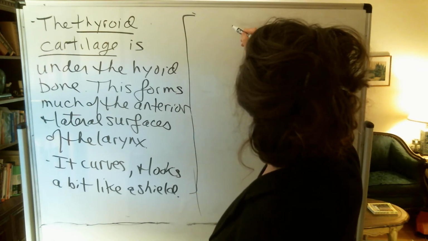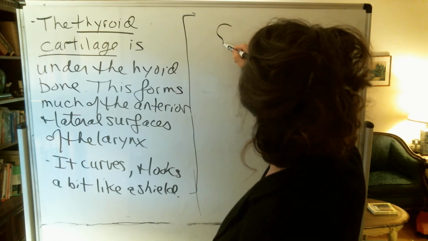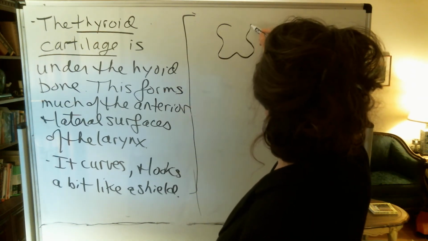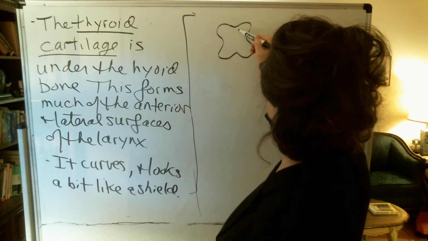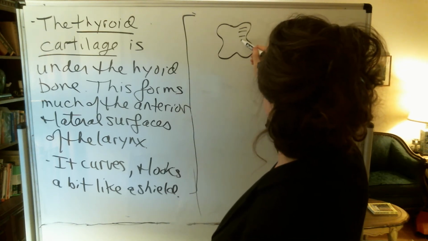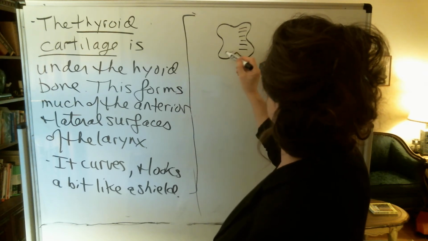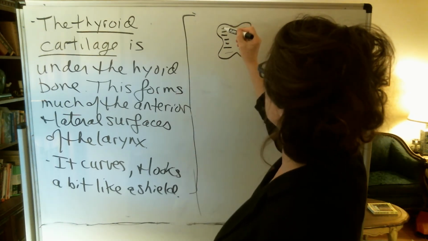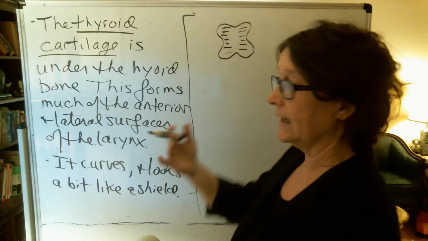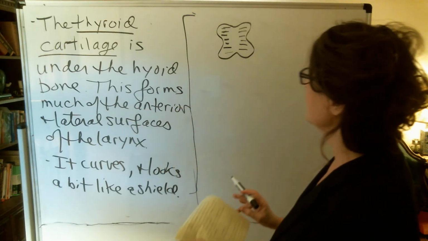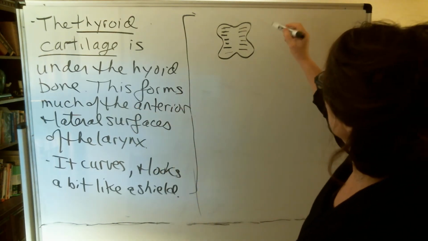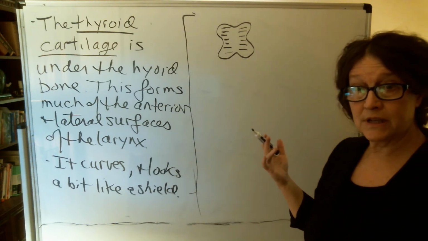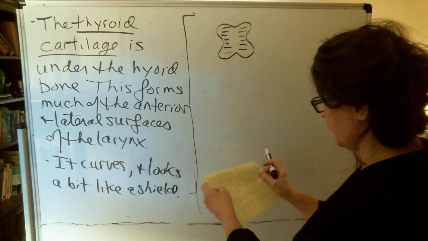So what you're going to have then, and this is not really what it looks like, it is more diagrammatic than anything, but just to give you the idea. So we have something like this, but the point is that it is curved back, so there is a ridge on the anterior surface. You have this anterior ridge like this, and then it folds around to protect the sides of the larynx like this. So this then is a diagrammatic representation, I should say, of the thyroid cartilage.